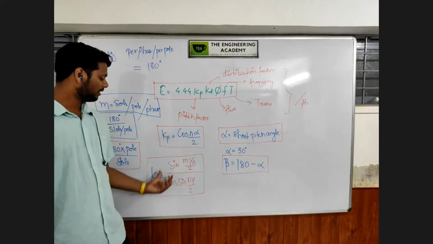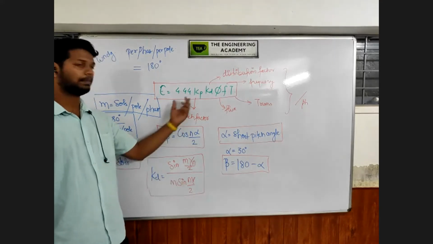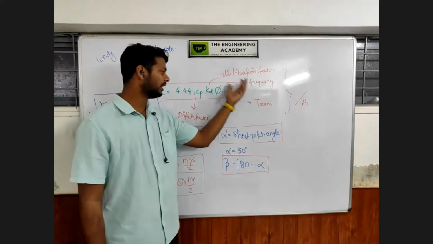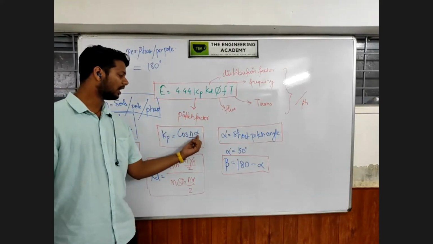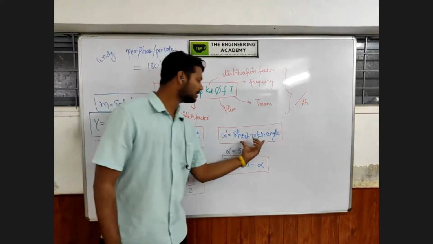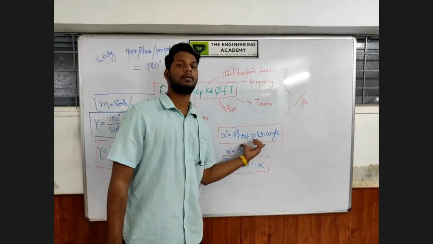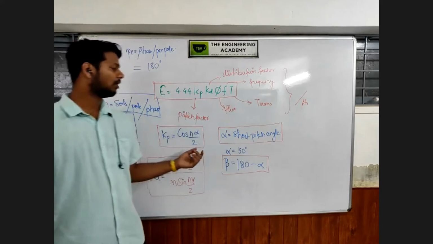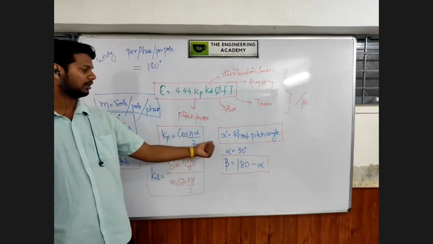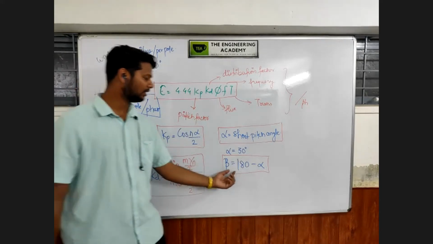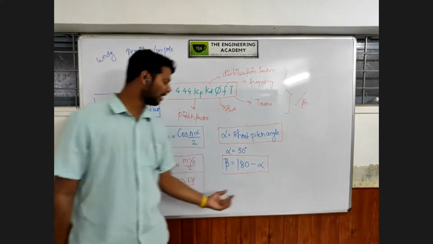After getting Kp, we go for Kd, and putting the Kp and Kd values in the equation we get the induced EMF. But to calculate alpha, we should know by how much angle the winding is short pitched. That is called alpha. Beta is defined as 180 minus alpha.